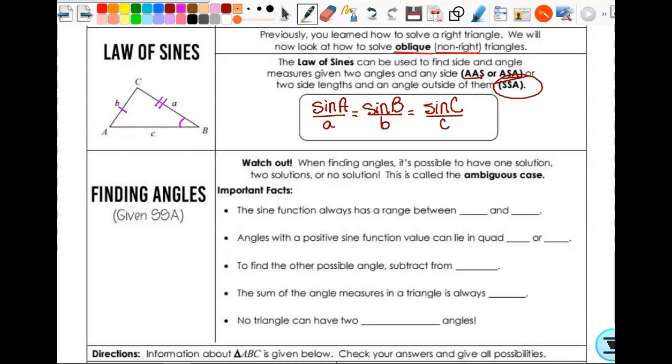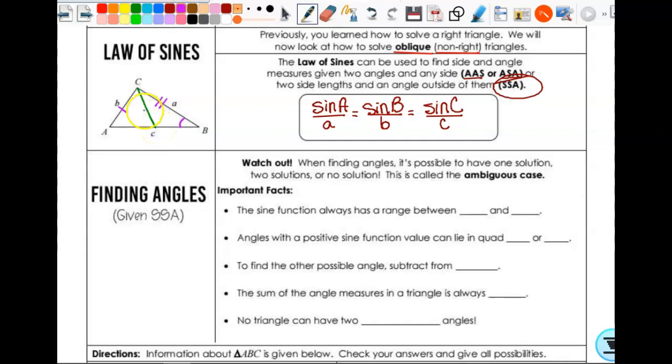I could have it look like this, and this would say, all right, I know angle B and the side across from it. I know this side, so I could find the angle that's across from it. But angle A could be one of two different things. Since this side length and these two angles are not set in stone, meaning I don't know what they are, this side could swing in here and look like this.